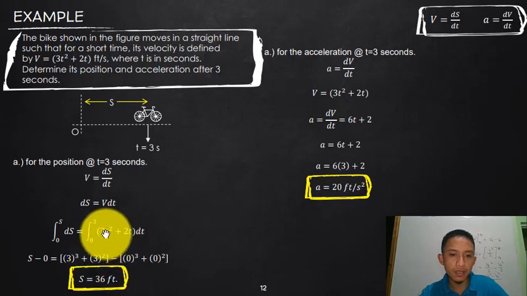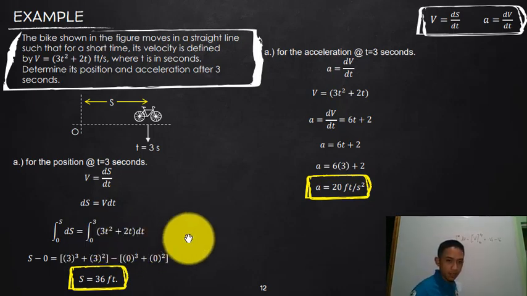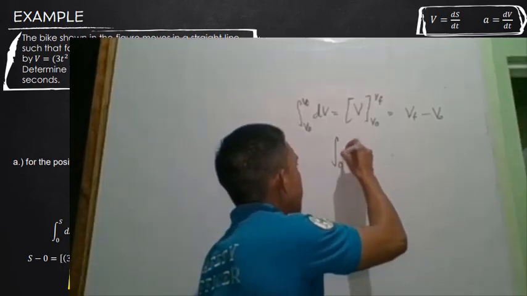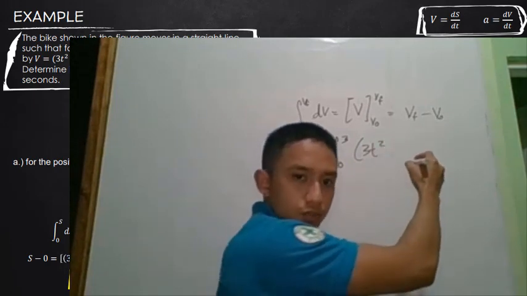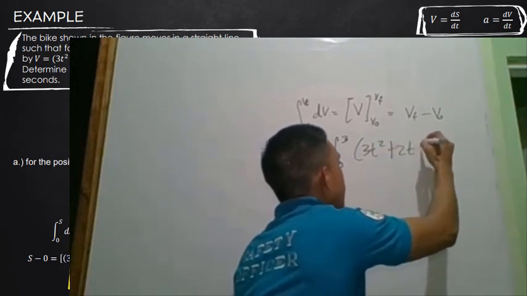By the way, I did not show the integration because that is already a foundation, the basic of integration. You should already know how to integrate simple equations. But let me show you here. The integral of 3t² + 2t dt.